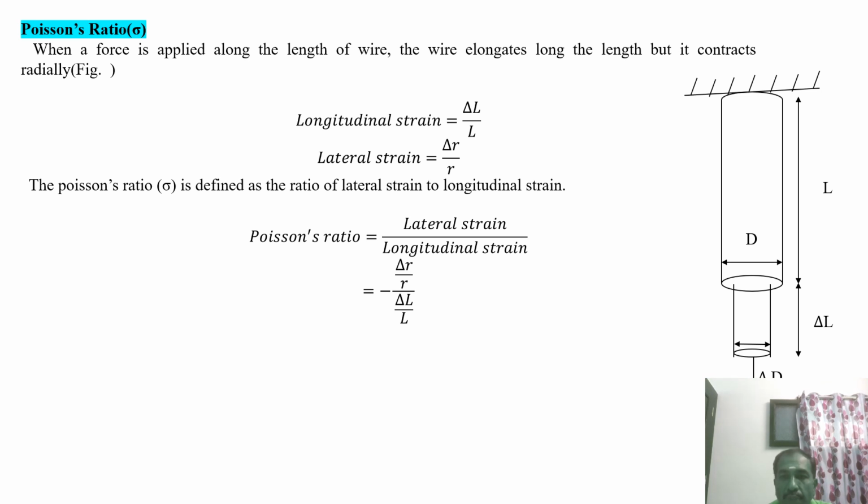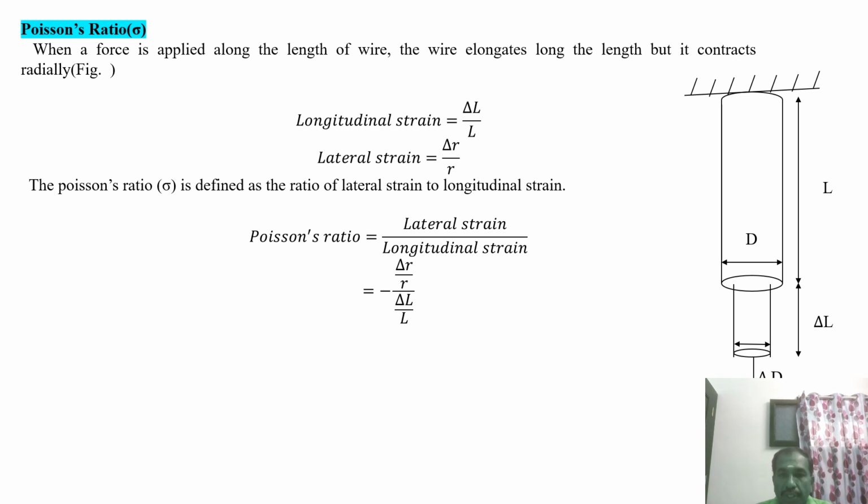The wire is strained, and the change in length is delta L. At the same time, the diameter decreases by a small d. Consider the radius: the radius shrinks in the same way.